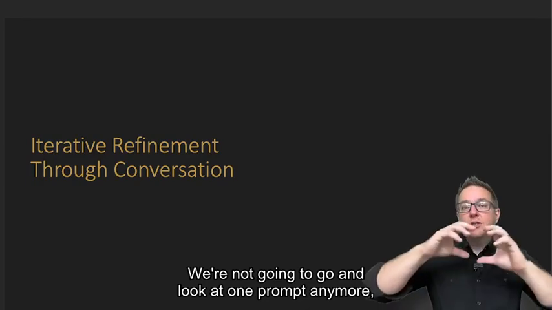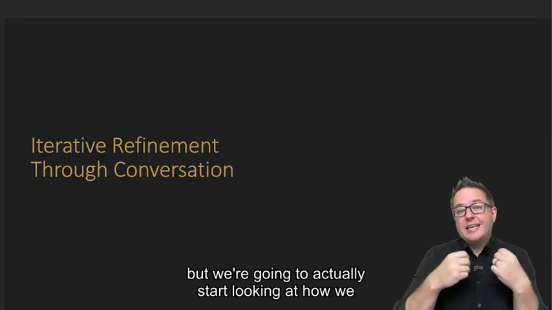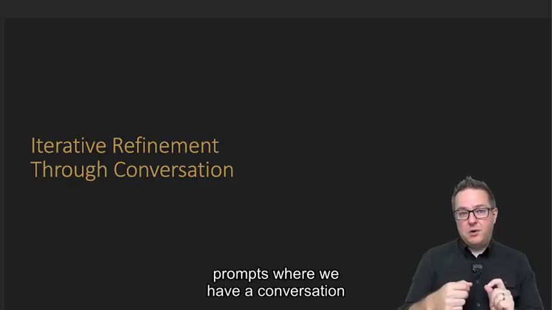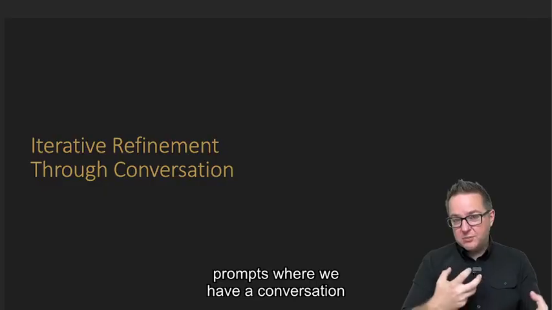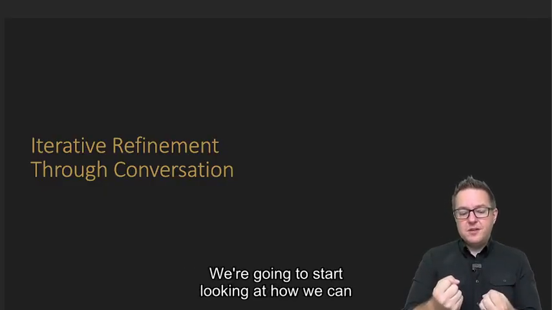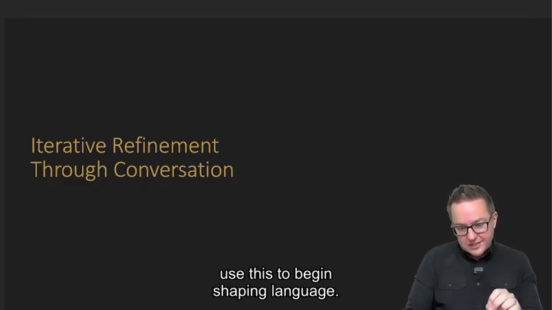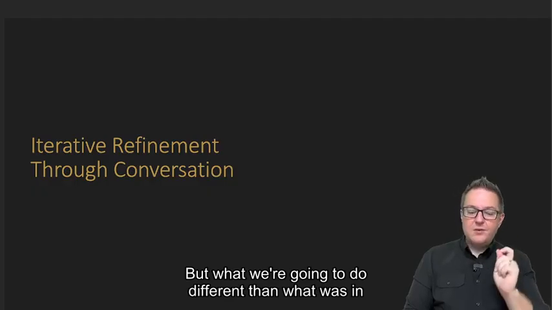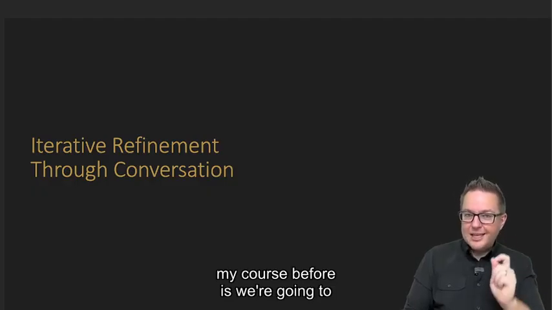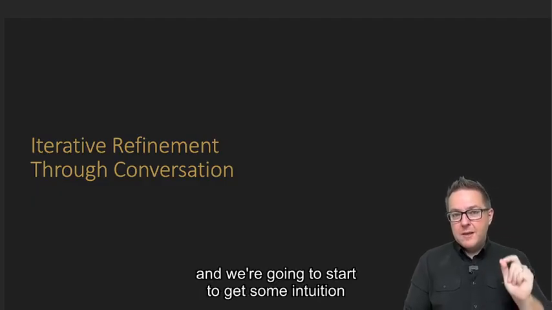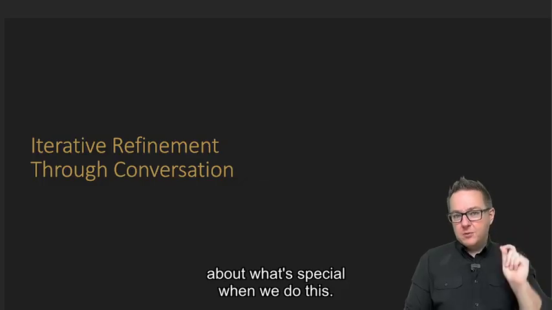We're not going to look at one prompt anymore, but at how we refine content over a series of prompts, where we have a conversation with generative AI in order to achieve some goal. We're going to start looking at how we can use this to begin shaping language. But what we're going to do differently than in my course before is look at why this is working, and start to get some intuition about what's special when we do this.